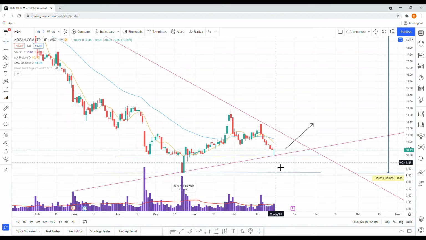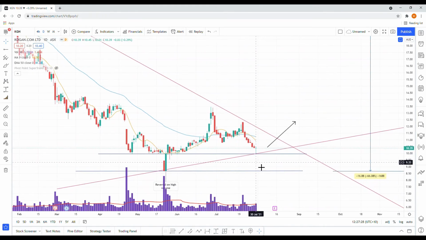So this is a very strong support level. It looks like it may consolidate around here, then start going up, but you never know, it may crash down and come to this level and retest this support again.